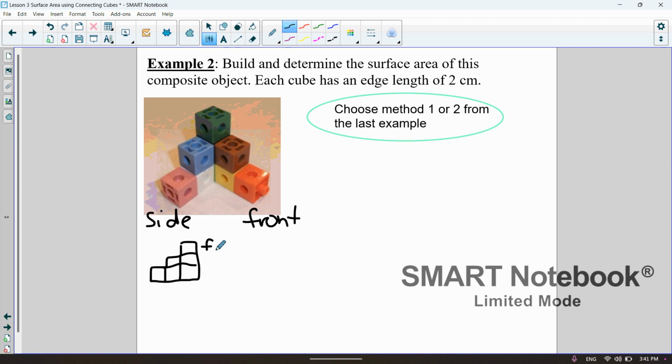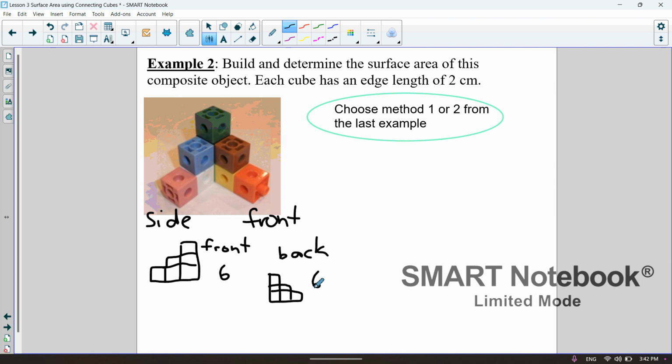This is the front. And it looks like that is 6 cubes. And then I'm going to do the back, rotate my object around to the back, and it's that same thing, just reversed. So also 6.